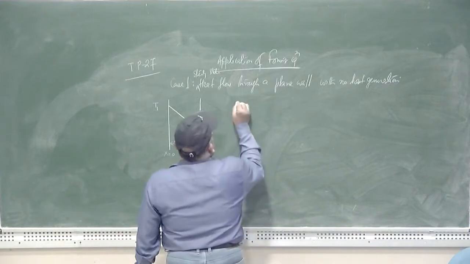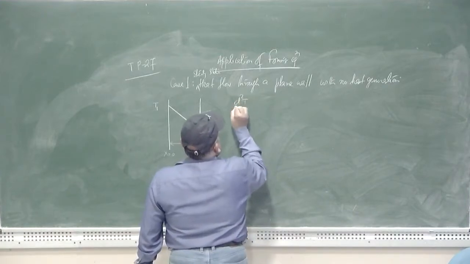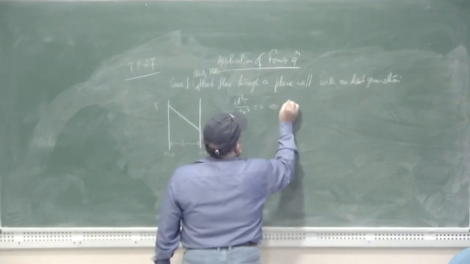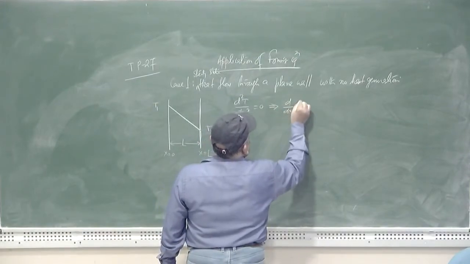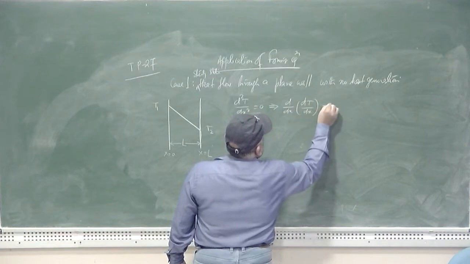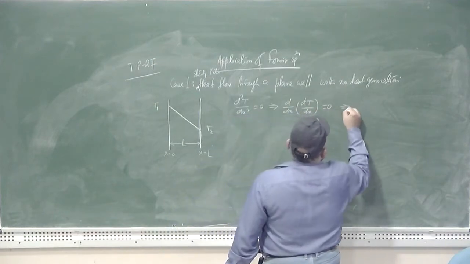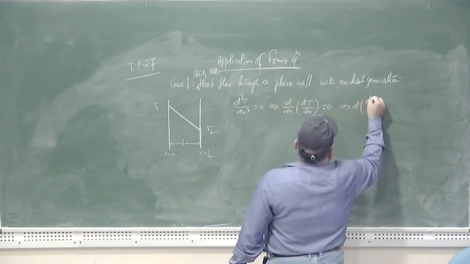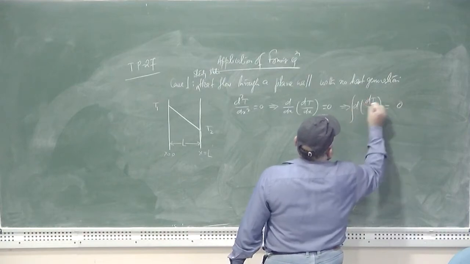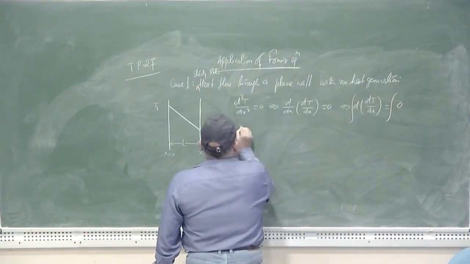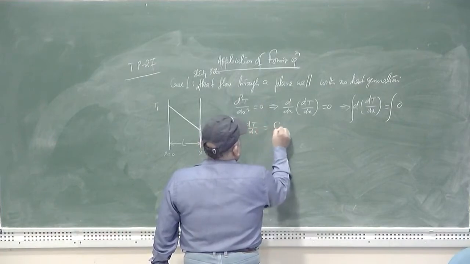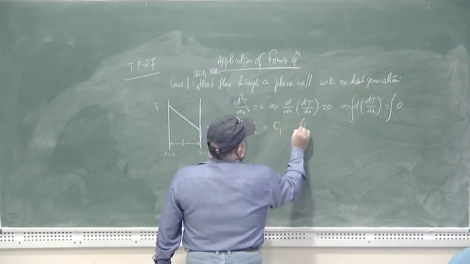So d2T by dx2 is equal to 0, or we can write d upon dx of dT upon dx is equal to 0. When you integrate this equation, then you will find dT upon dx is equal to C1. Let it be equation number 1.